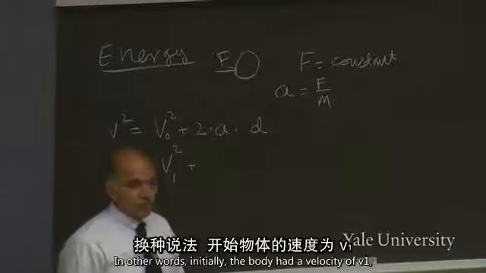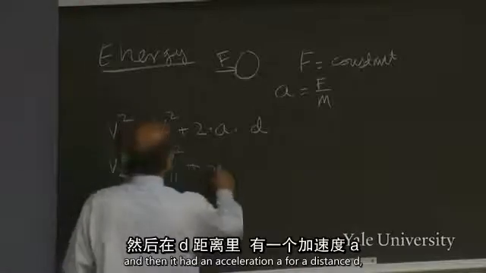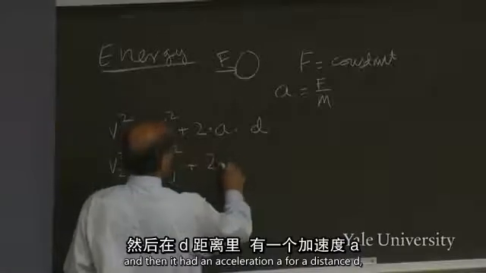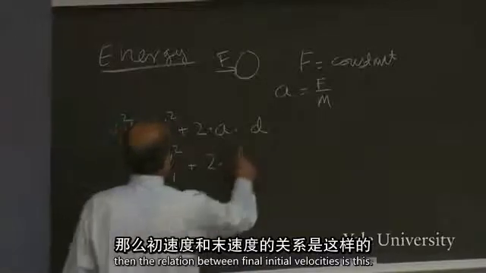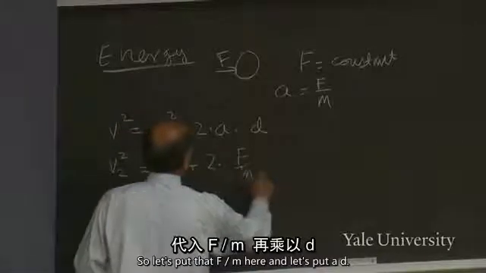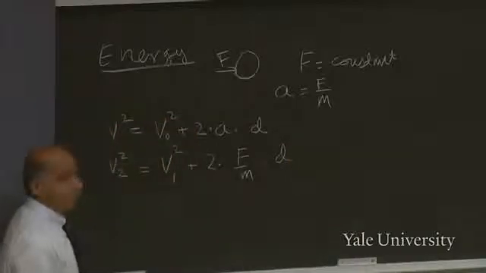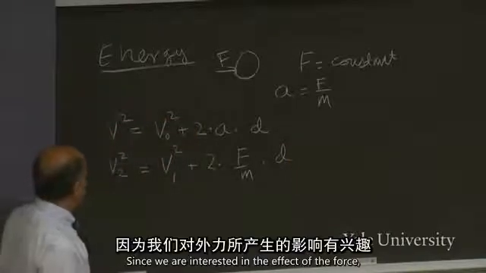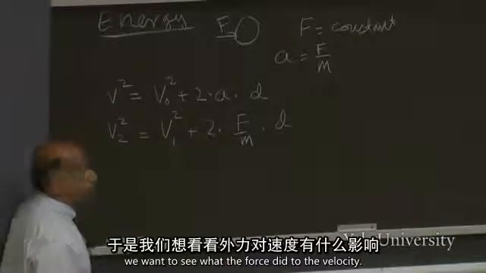In other words, if initially the body had a velocity v1 and then it had an acceleration a for a distance d, then the relation between final and initial velocities is this. So let's put that F over m here and let's put a d. Since we are interested in the effect of the force, we want to see what the force did to the velocity.